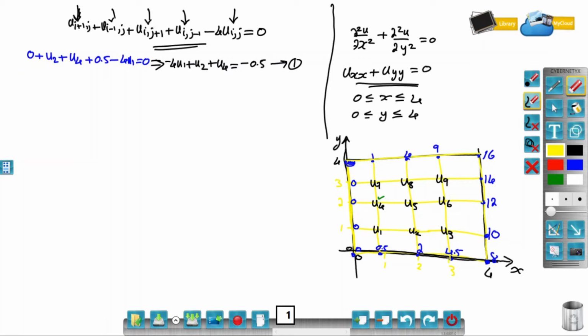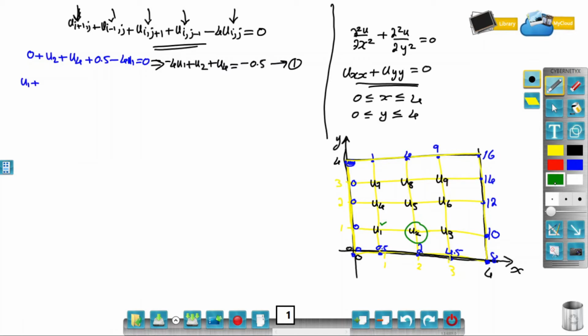Okay. So now, u1 is already considered. Now take u2 as the current point. If u2 is the current point, then what is the left point? u1 is the left point, right? So u1 plus. Now what is the right point?